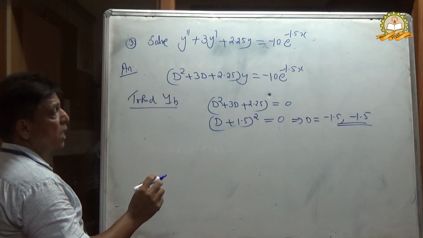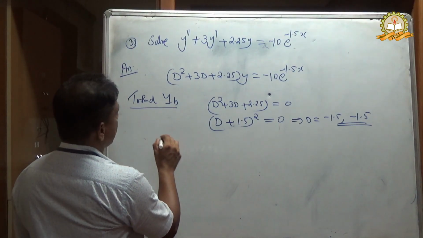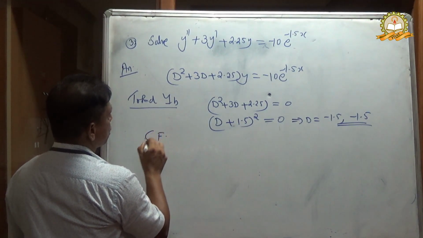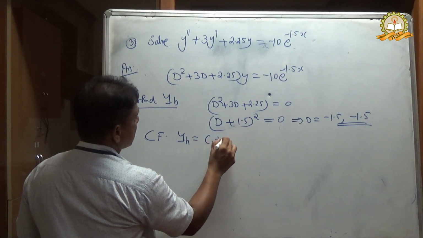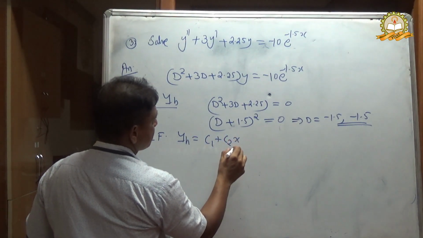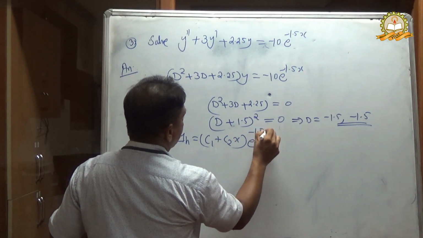Here the roots are repeated. We can write the complementary solution, y of h, is equal to (c1 plus c2x) into e raised to minus 1.5x.